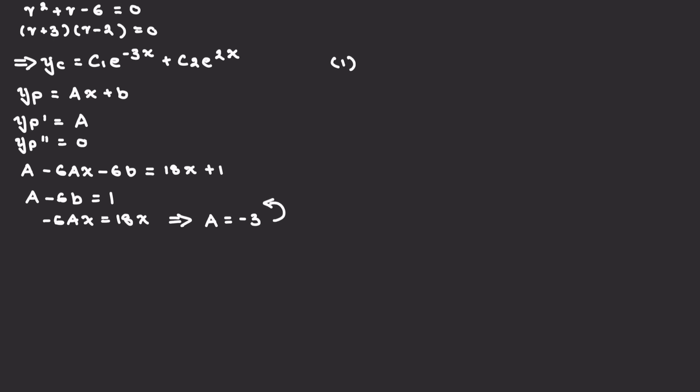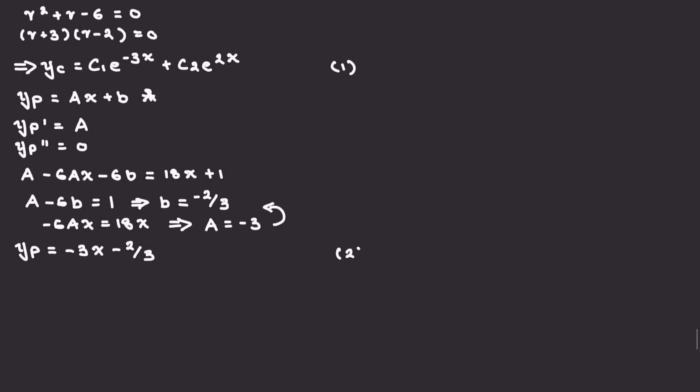Plugging a back into our previous equation, we get b equals 1 plus 3 is 4, and 4 divided by negative 6 is negative 2 over 3. Plugging a and b back into our yp, we get yp equals negative 3x minus 2 over 3, and this is our second equation.